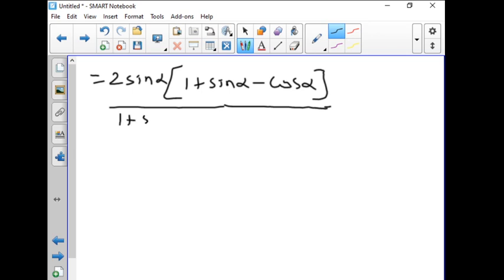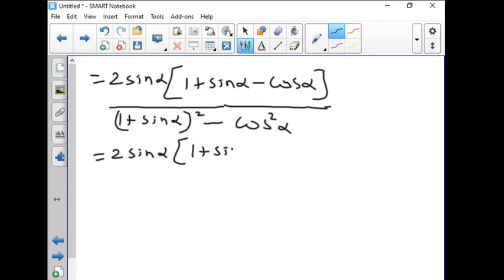Therefore, 1 plus sin alpha the whole square minus cos square alpha.